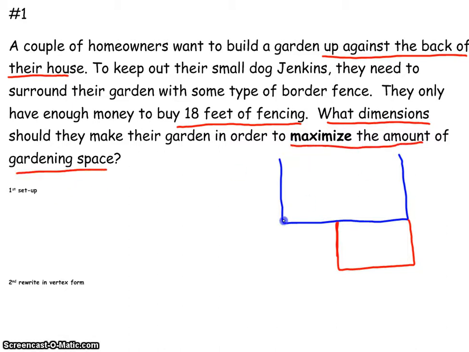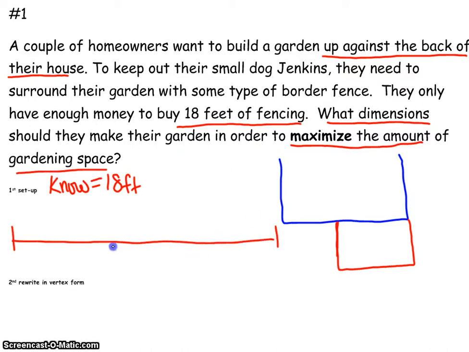There's a couple things going on here. All they give you was that you have 18 feet of fencing. That's all you know. If you can imagine you have 18 feet of fencing, whether it's wire or some fencing material, that's going to wrap around the garden.